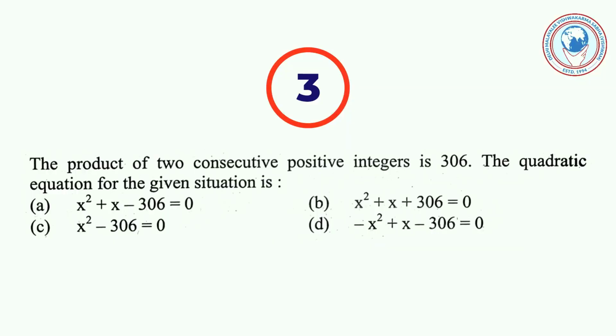Question number 3. The product of two consecutive positive integers is 306. The quadratic equation for the given situation is... four options are given.